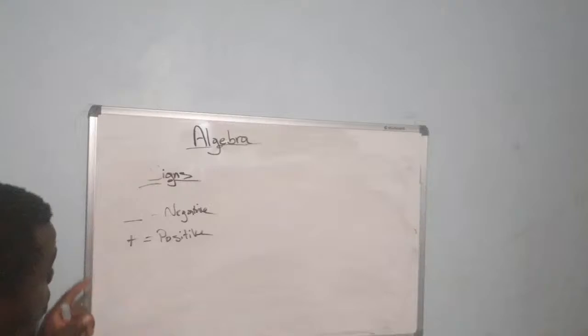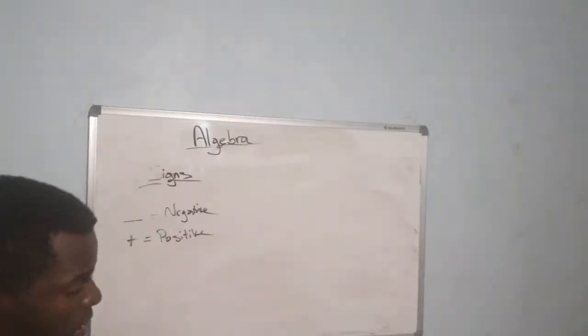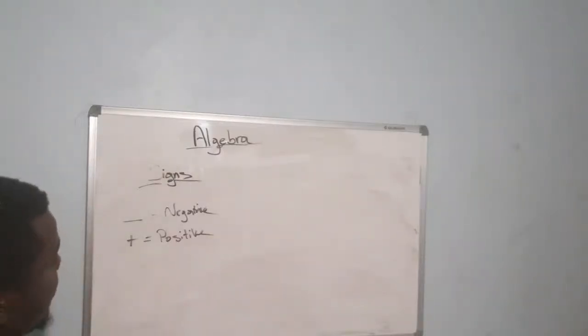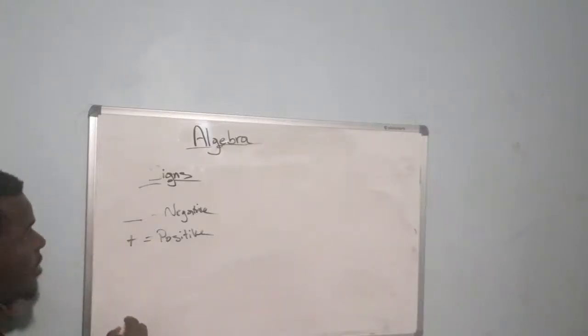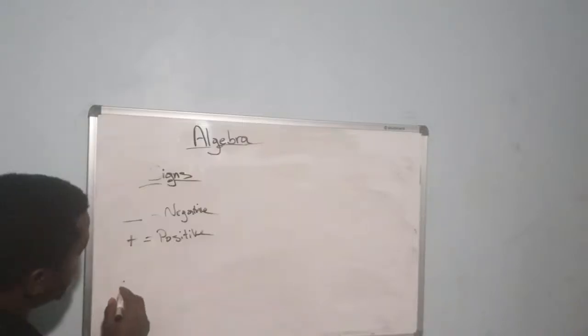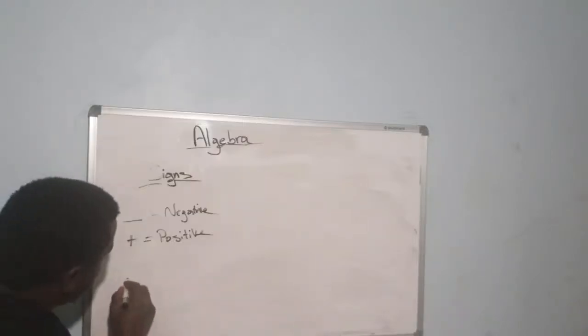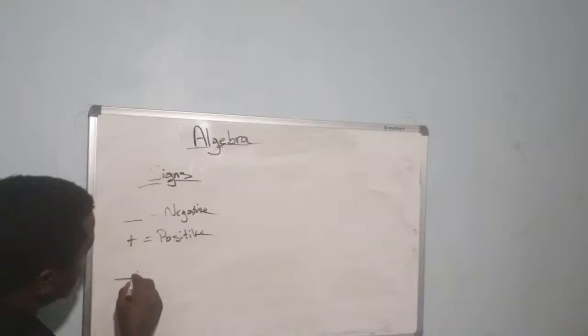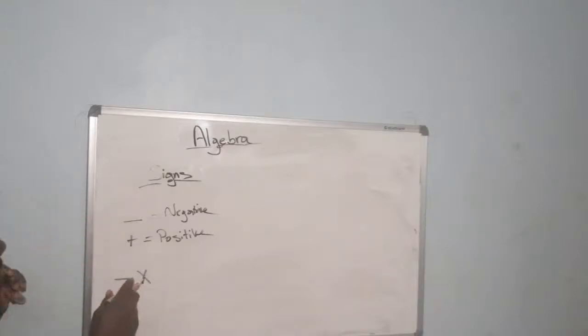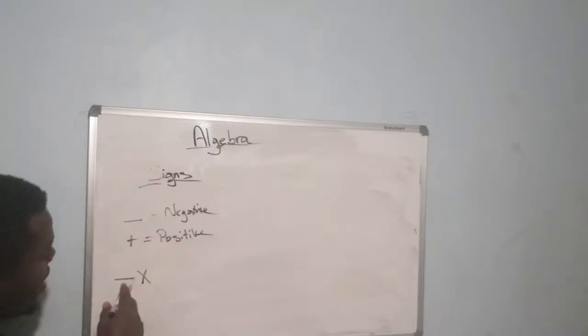Now, when multiplying a negative sign and a positive sign, there is a rule for us to follow. So I'll just explain it right away. The x here is multiply, and times is the same as multiply.